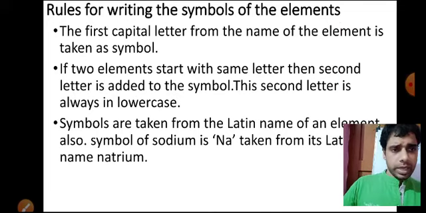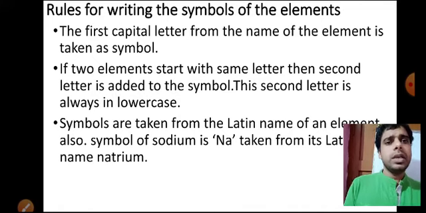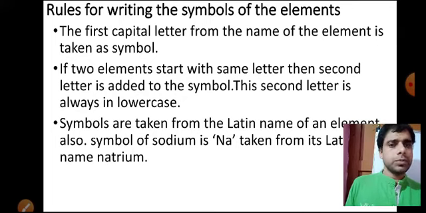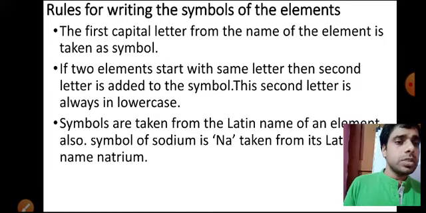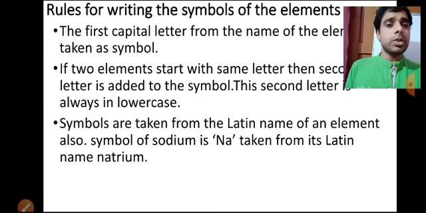Whatever I have told you, there is also something new here. The first capital letter from the name of the element is taken as the symbol. If two elements start with the same letter, then a second letter is added to the symbol, and the second letter should be in lower case. Now the new thing: symbols are taken from the Latin name of an element.